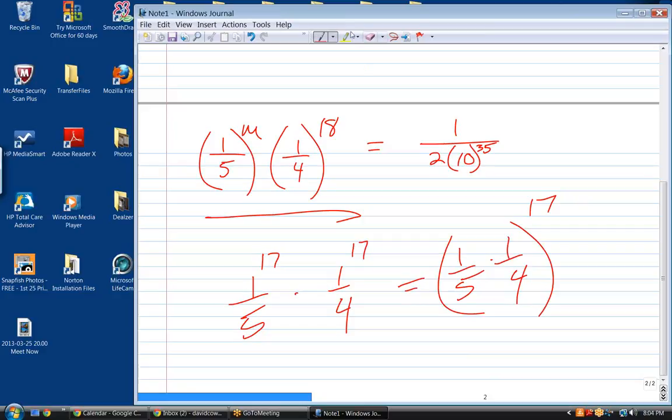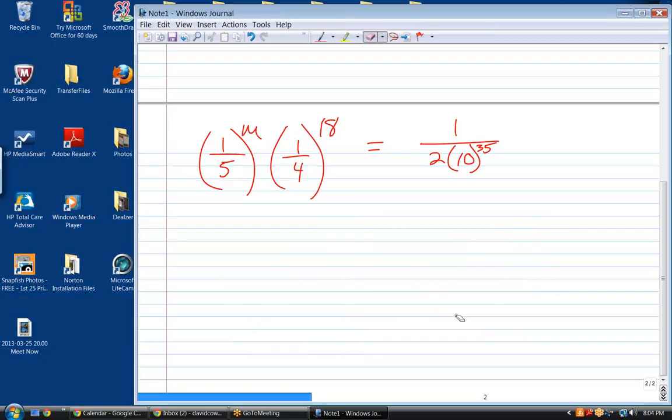Since we don't have either of those cases here, we can't do a whole lot with the left side. And it's important to realize that. What I did notice yesterday was that 1/5 times 1/4 is 1/20th. And we're looking at a 1 over 2 times 10 to the 35th power here.